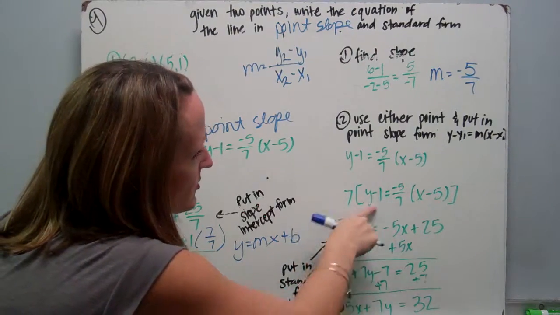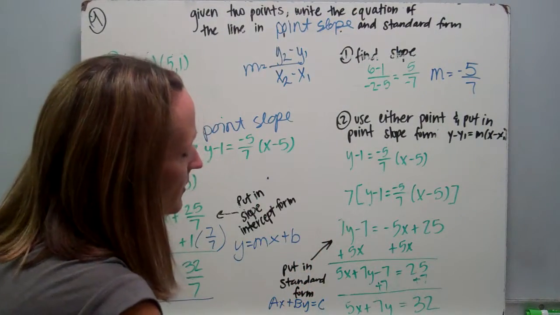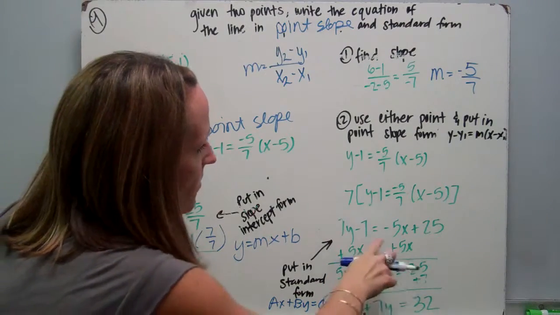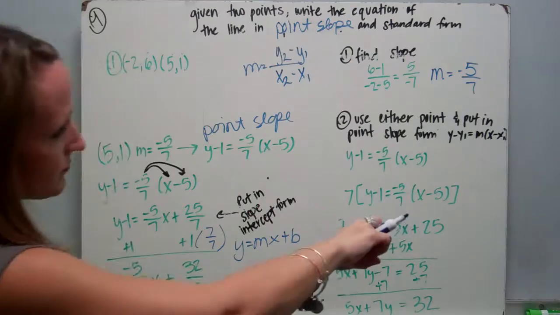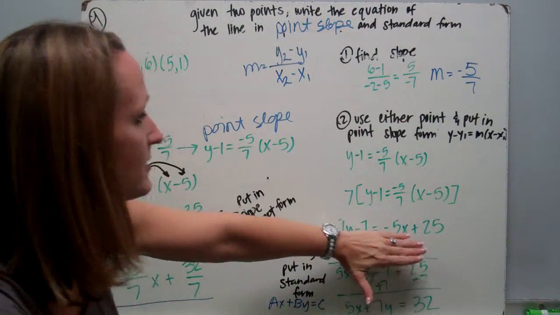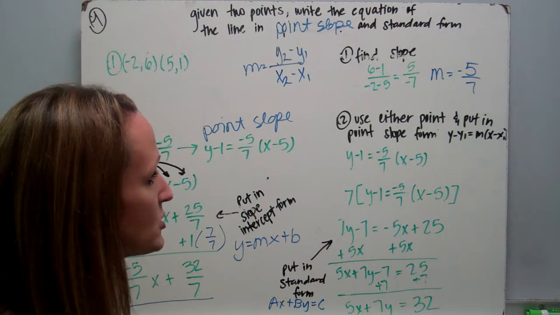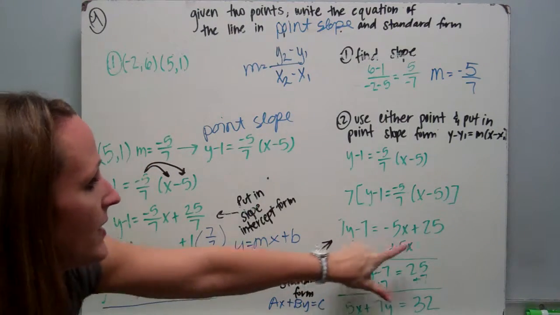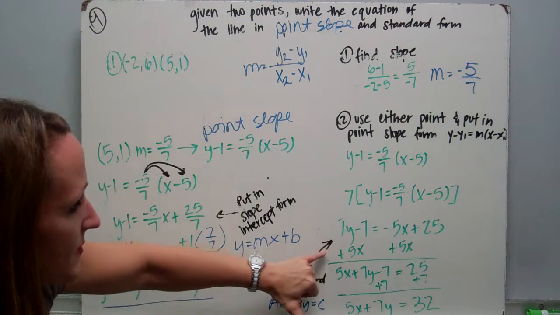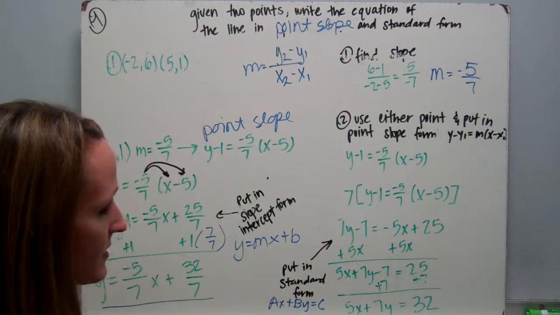So I'm going to distribute the 7 to the y minus 1, which gives me 7y minus 7. I'm still distributing all this, so I now have 7y minus 7 equals 5x plus 25. Now I can add 5x to both sides, which gives me 5x plus 7y minus 7.